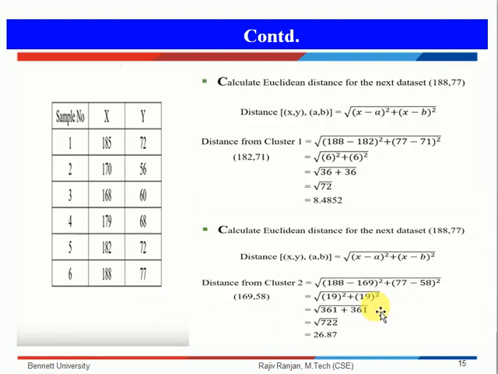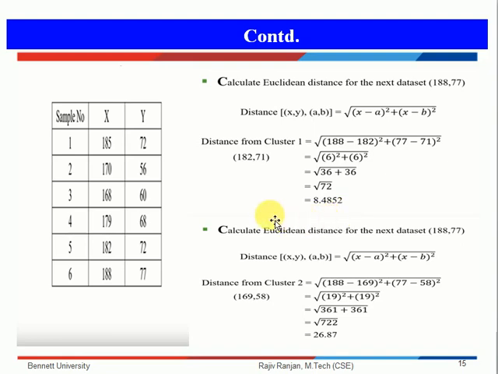So let's move on. Now for sample number 6, the distance will be calculated first from cluster 1. So 182 and 71 is the updated centroid value for cluster 1. So 188 minus 182 and 77 minus 71. Let's do this computation, that is the Euclidean distance formula, and after the computation we will get 8.4852.